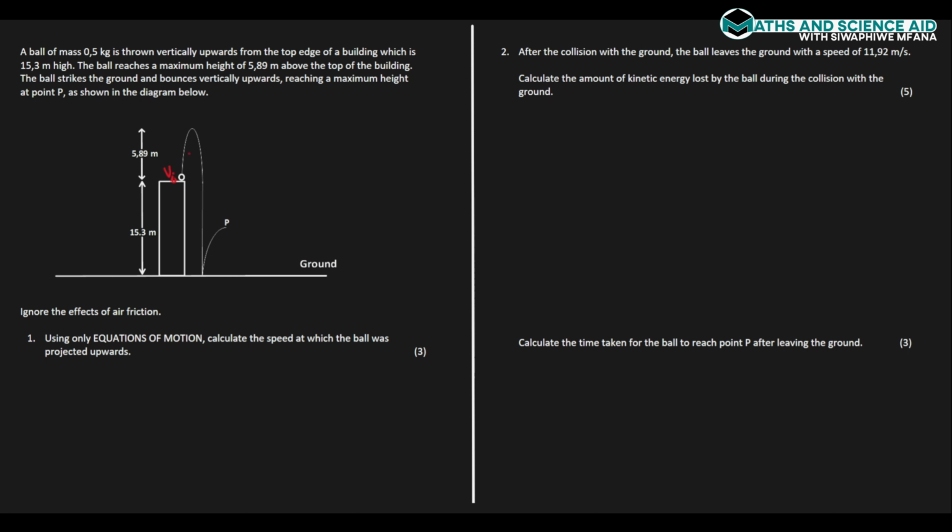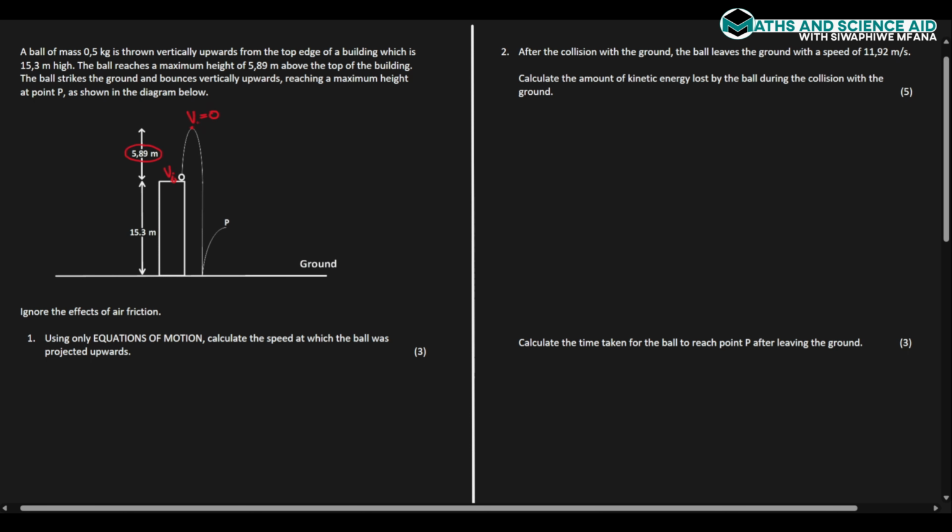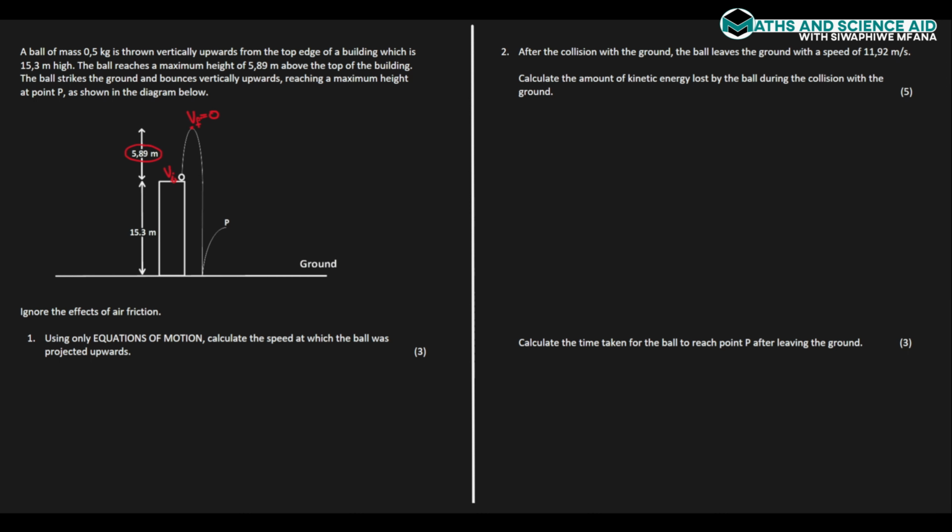Additionally, the nice thing is that we do know the distance that the ball had traveled from where it was thrown to the maximum height, which is equal to 5.89 meters. So we can consider the point at which the ball was thrown vertically upwards to the point where it reached its maximum height. So we can call that velocity at the maximum height its final velocity.